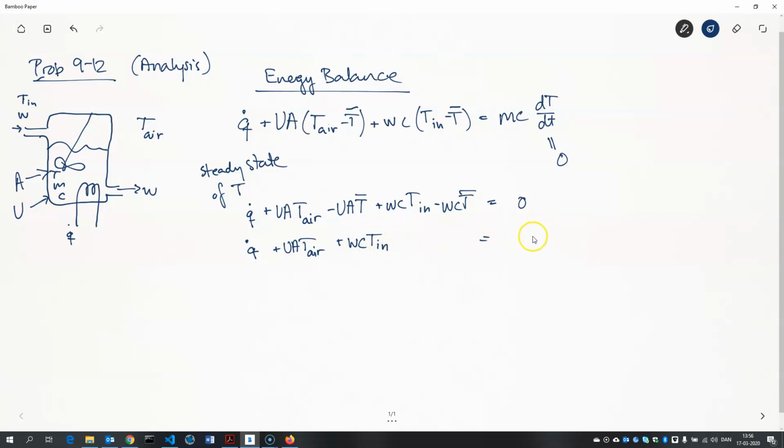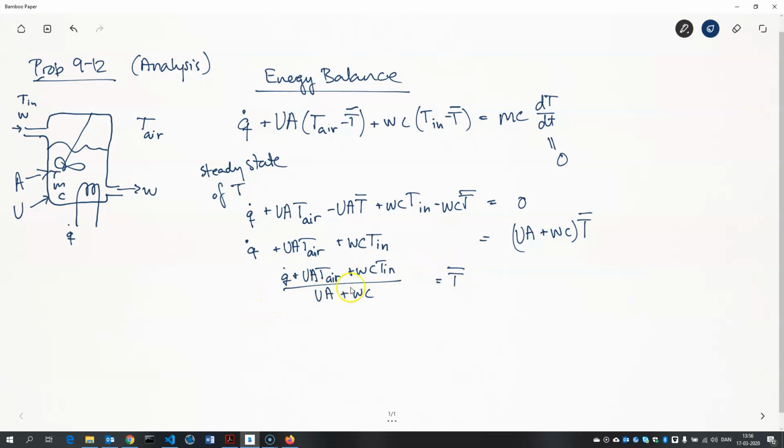We get UA plus WC times T bar, and then we just divide by that, and divide by UA plus WC. That's the steady state temperature.